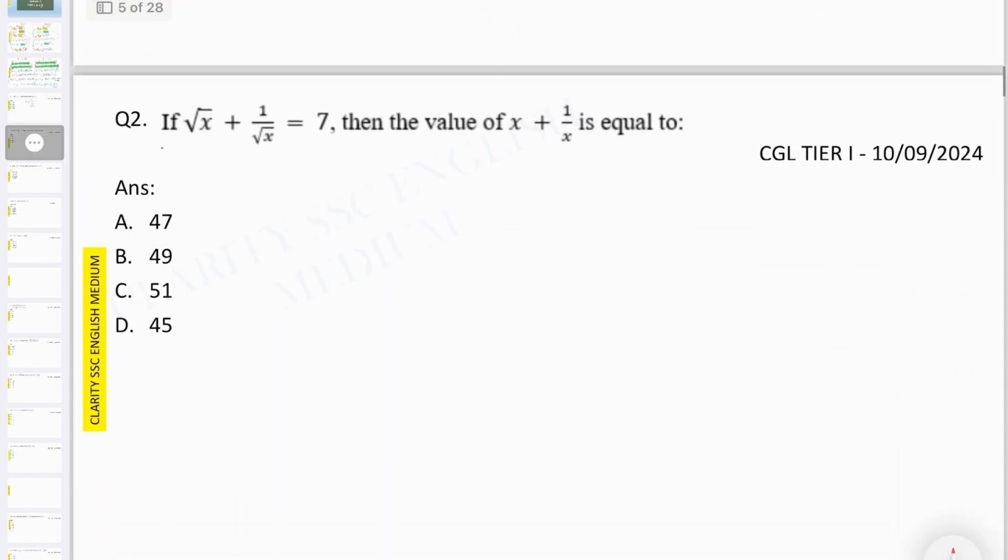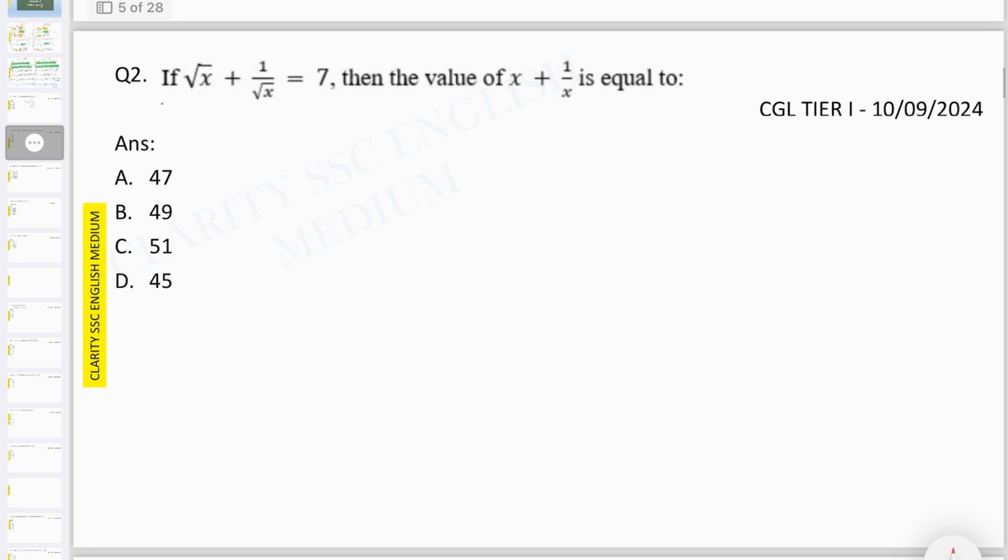Let's see the next question. If root over x plus 1 by root over x is 7, then find the value of x plus 1 by x. See this expression. This one is root over x whole square plus 1 by root over x whole square.